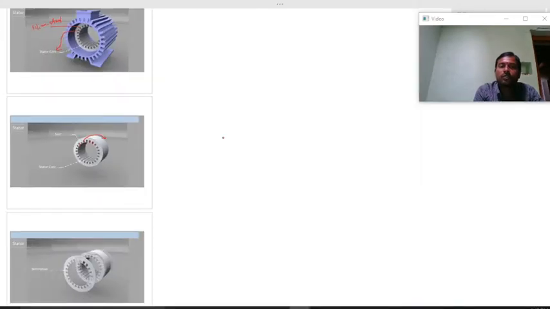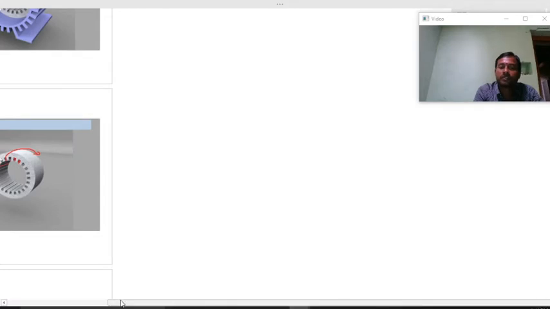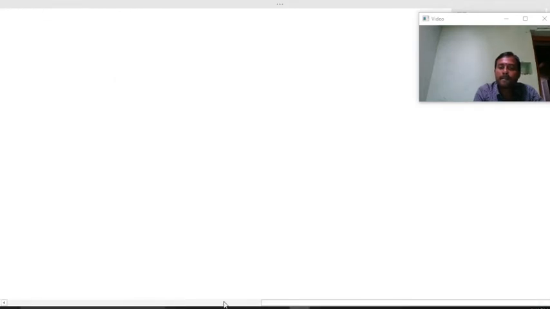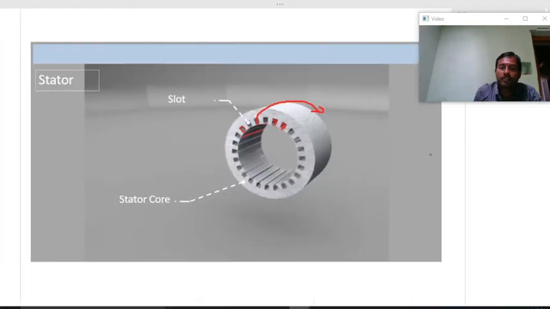So let us zoom down on that one, so you can see. The slots will be like this. Sorry, the slots are appearing like this.